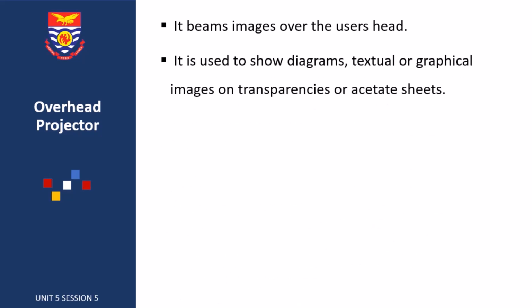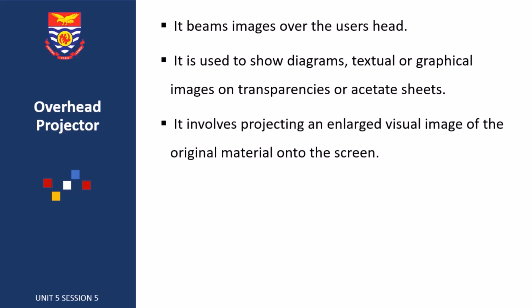It is used to show diagrams, textual or graphical images on transparencies or acetate sheets. Here, though we are doing projection, whatever we project, we don't see movement in it, so it does not incorporate movement. It involves projecting an enlarged visual image of the original material onto the screen.